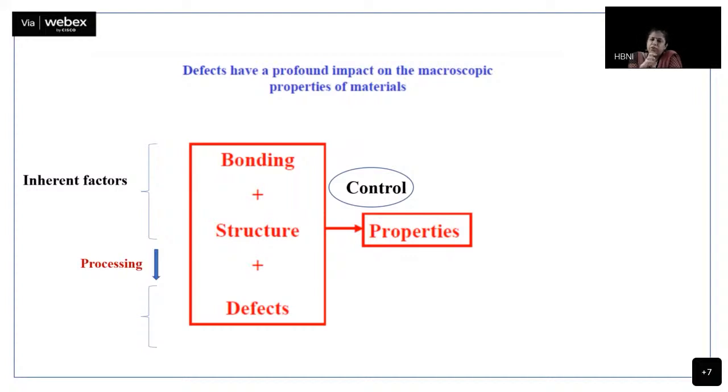Now you have got a material and then you process it. Even that will also introduce some defects which cannot be avoided, which we will talk about in the next few slides. But suppose you prepared the material, it has got some sort of bonding, some sort of structure. By macro processing it, making pellets, making shapes out of it, there also you introduce defects. So the factors that control the properties of the material are bonding, its structure, and the defects.